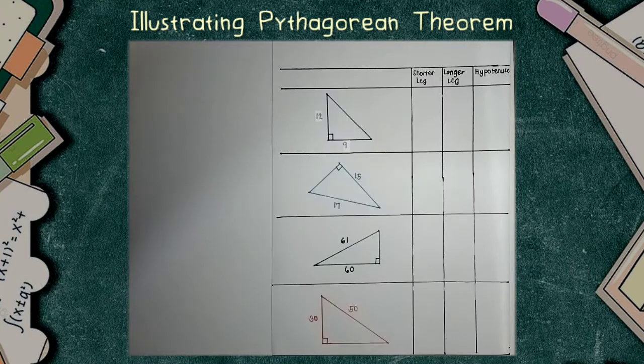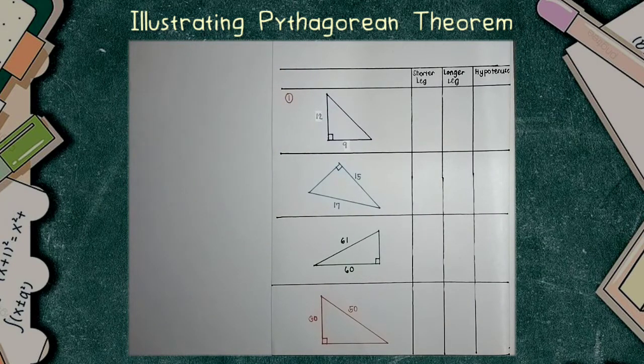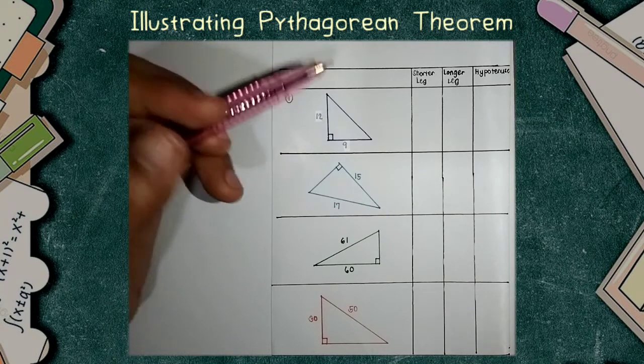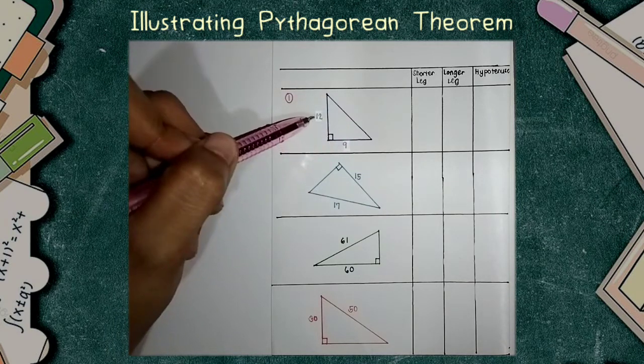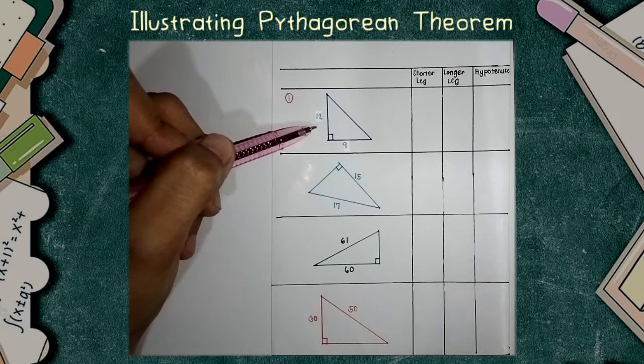Okay. Now, let's have examples in finding the missing length of the side of a right triangle using the Pythagorean theorem. Okay, so in number 1 example, we know that the given here are the sides A and B, the shorter leg and the longer leg.